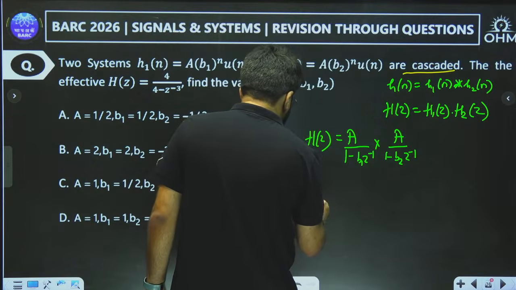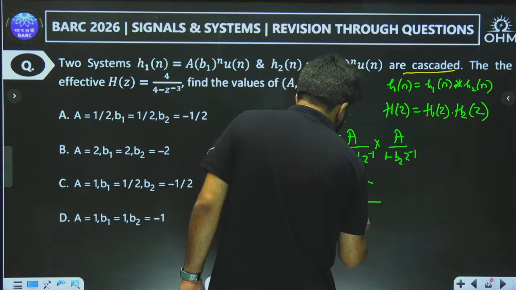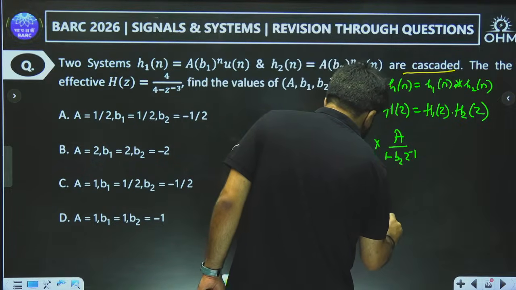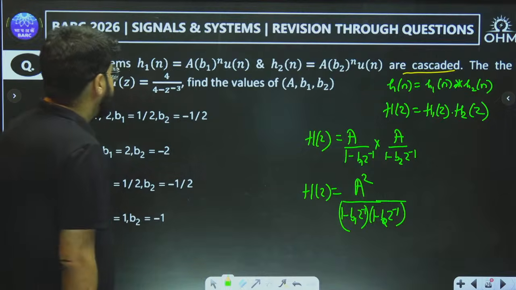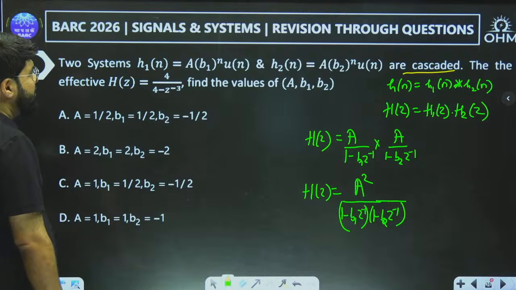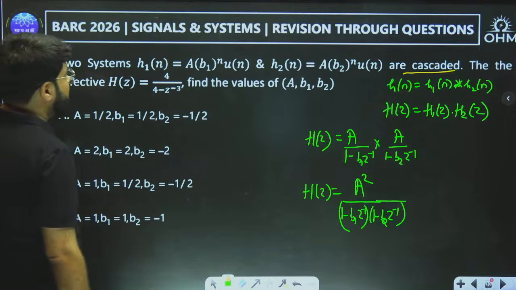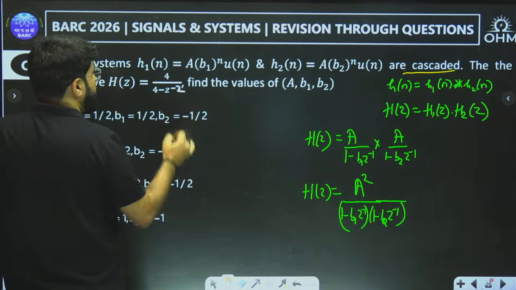So the effective H(z) that I am getting from the given data is a squared upon (1 minus B1 z inverse)(1 minus B2 z inverse), correct? So I think there is a typo in the question. It will be z power minus 2 actually. z power minus 3 will not come at any cost. Definitely it has to be a typo. Let's take it as z power minus 2.